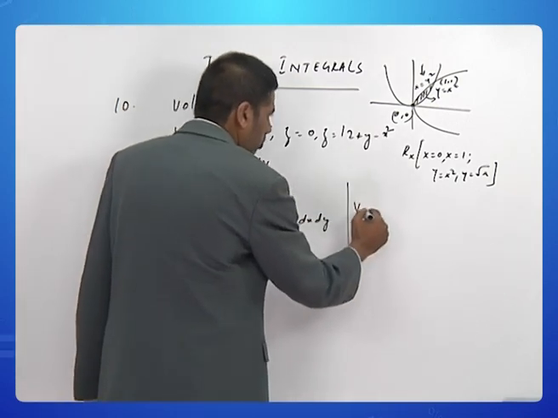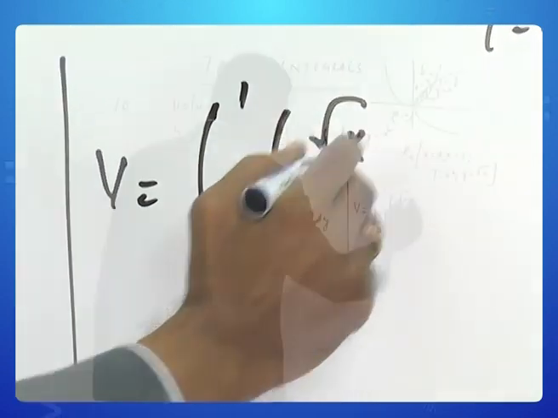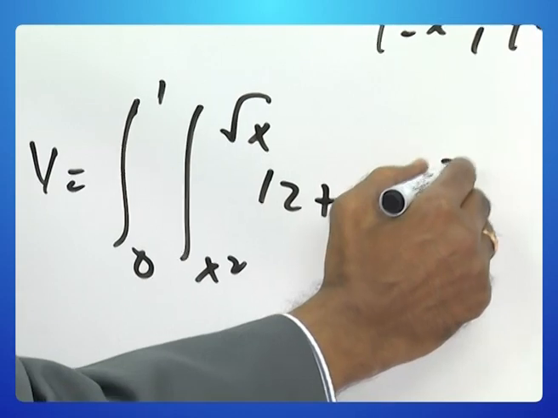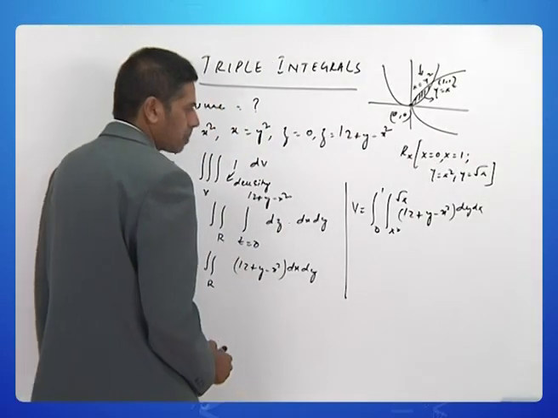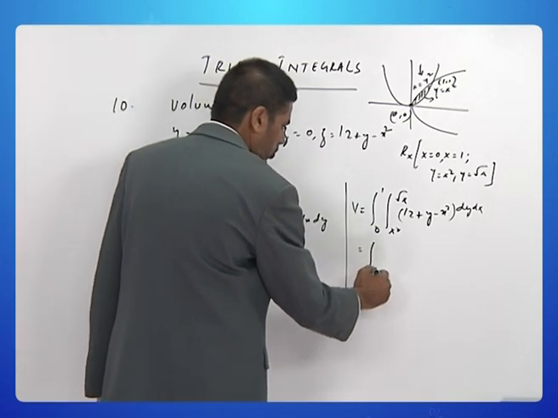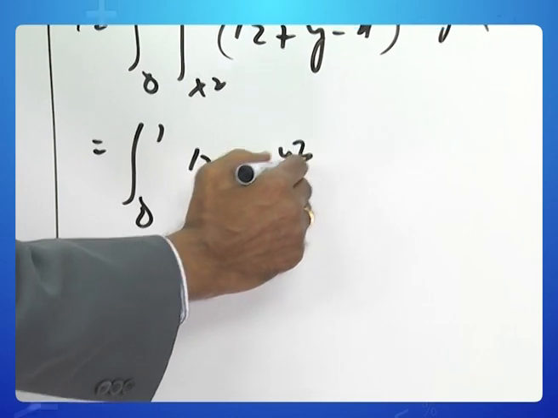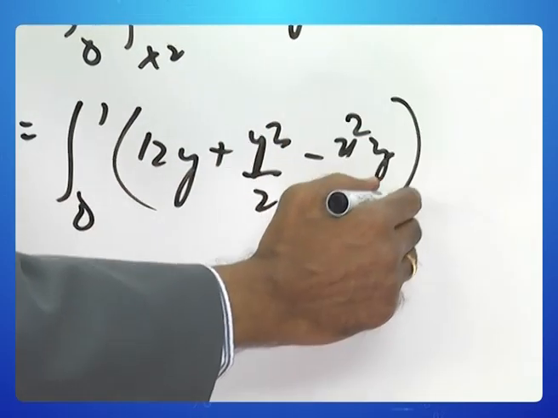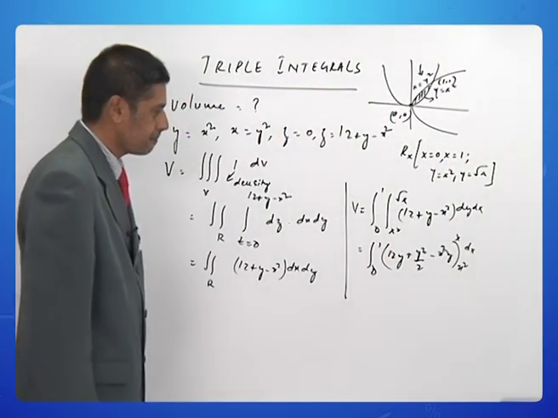So volume is equal to integral 0 to 1, x square to square root of x, 12 plus y minus x squared dy dx. So 0 to 1, 12y plus y square by 2 minus x square y from x square to square root of x dx.